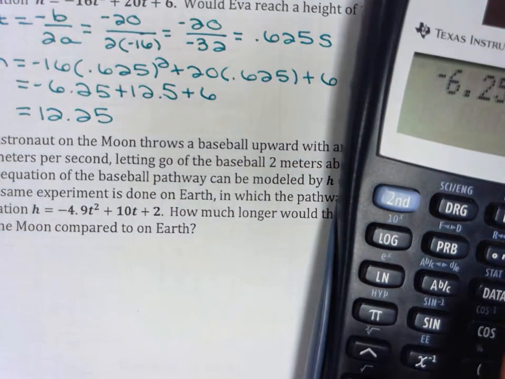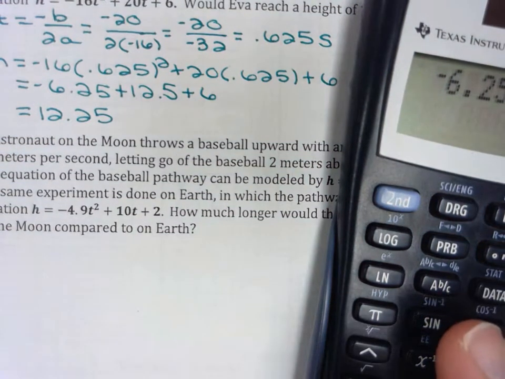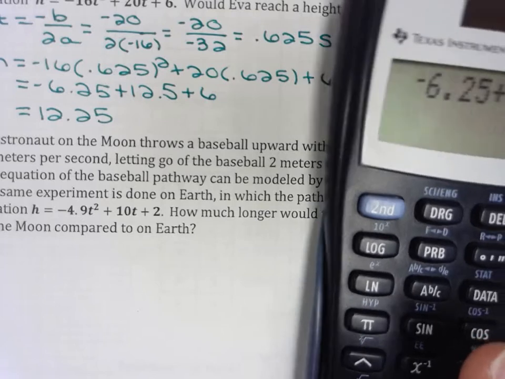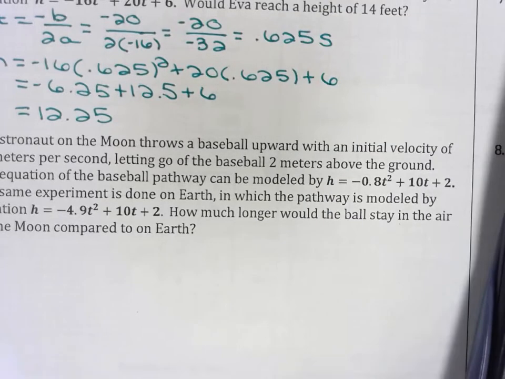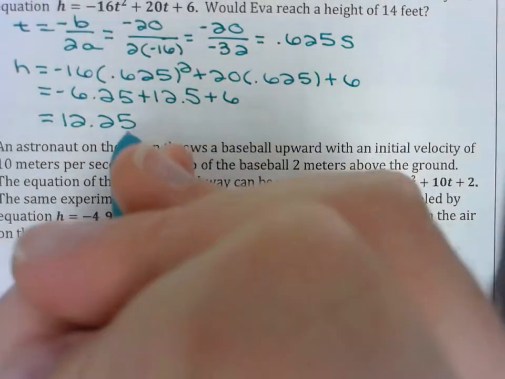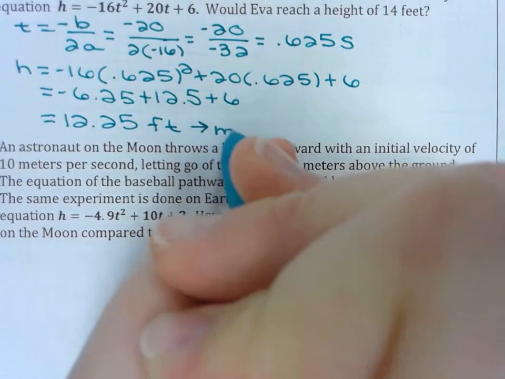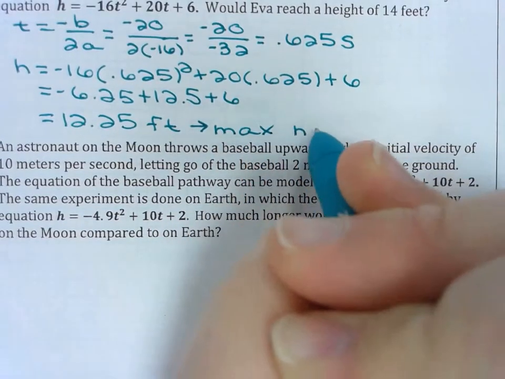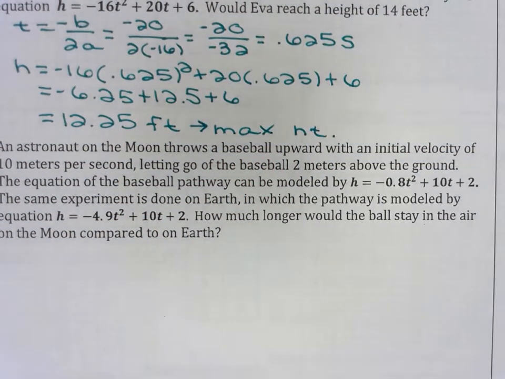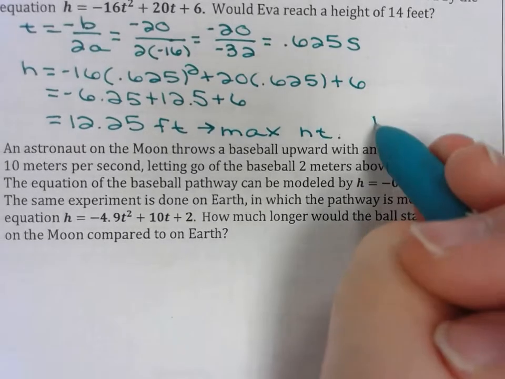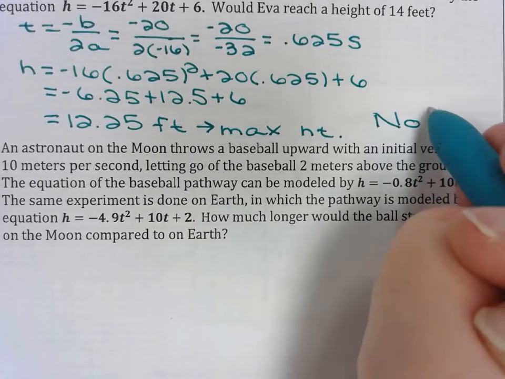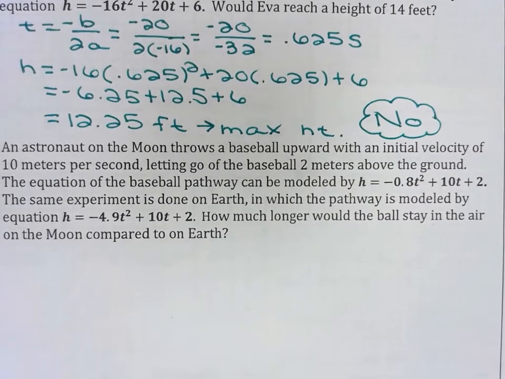Would you get the same answer if you added 6 to the 20 first, then multiplied? You should. Be careful with the subtraction though, but I just do left to right. 12.25. What's that measured in? Feet. And that is the maximum height. So answer the question. Will it ever reach 14 feet? No, because the maximum height is 12.25, which means it's never going to get to 14.